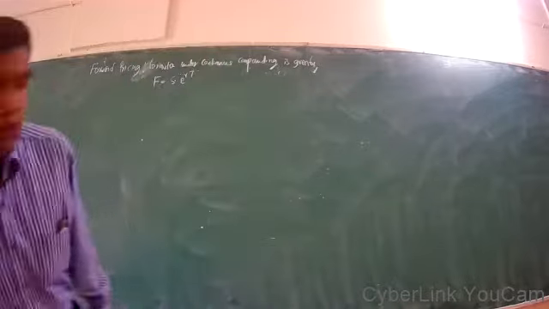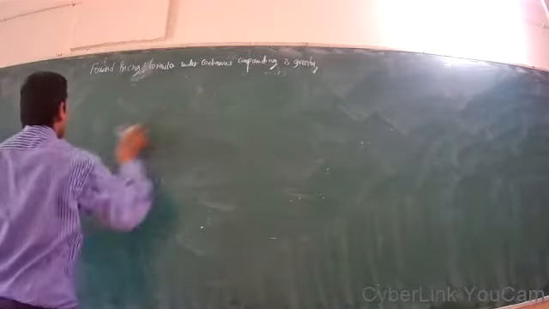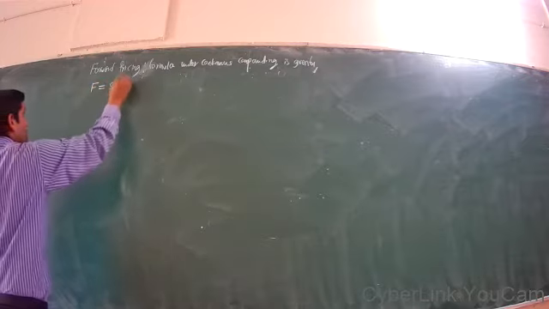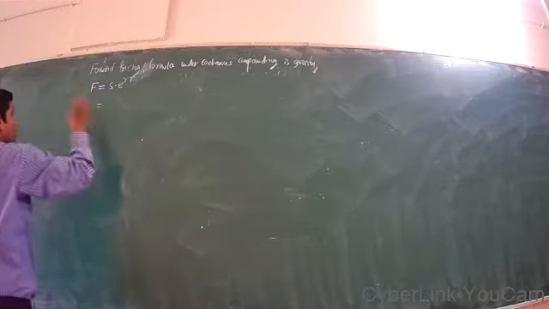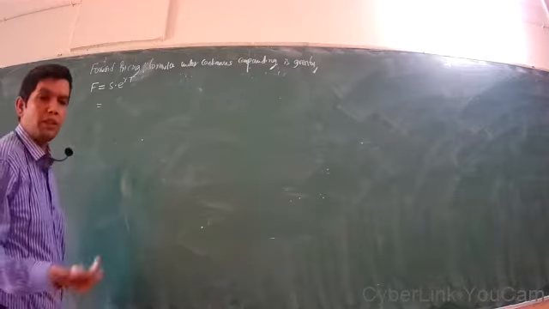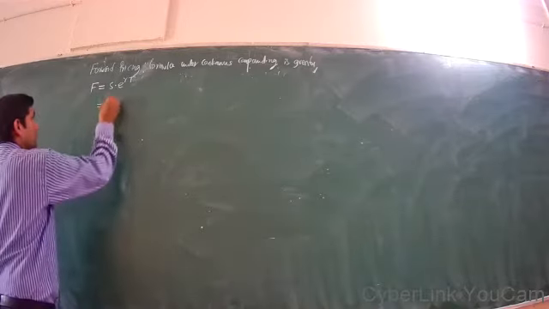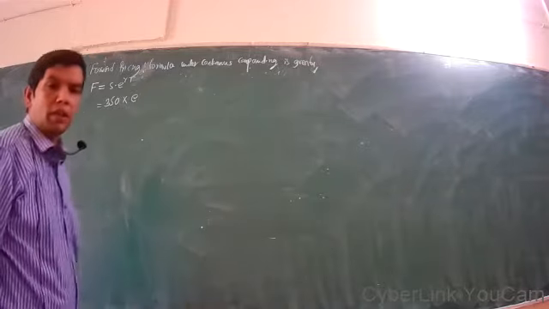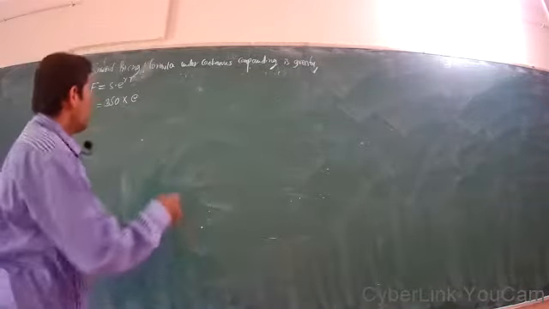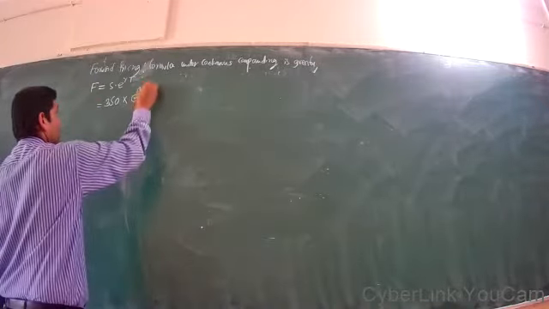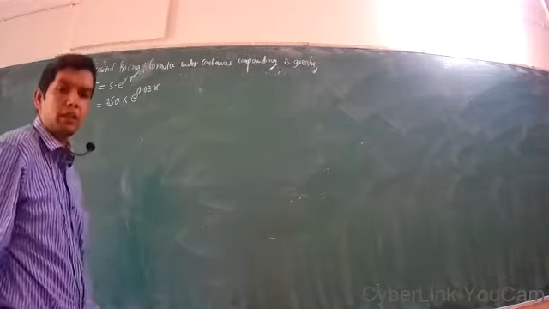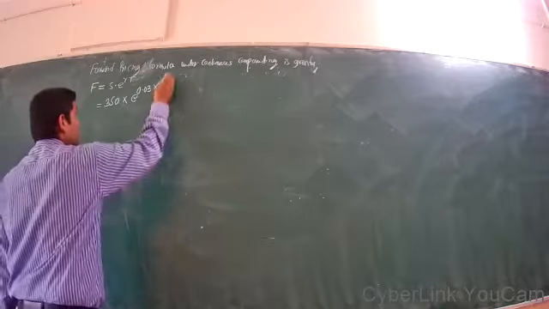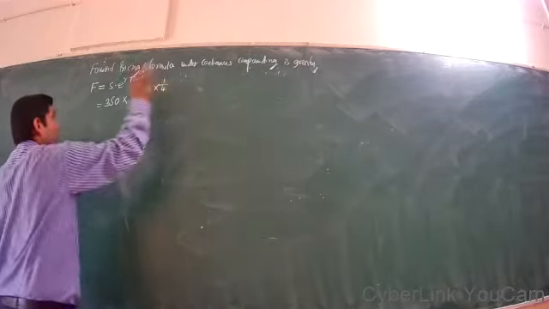Let me write here so that I can do all the steps here itself. In the question the spot price is 350, the risk free rate of interest is 3%, that is 0.03, and it is a 3-month forward contract, so 3 by 12 means 1 by 4.